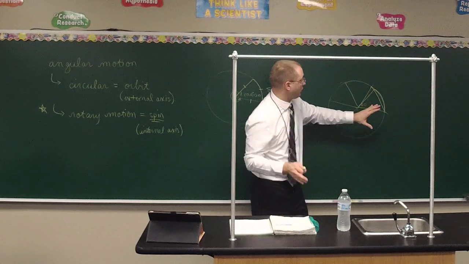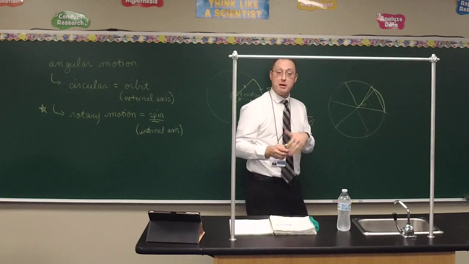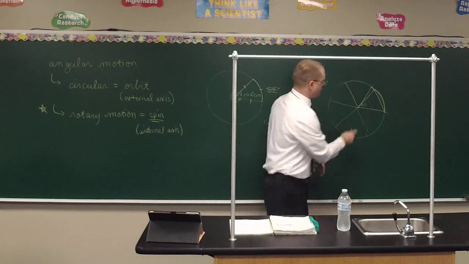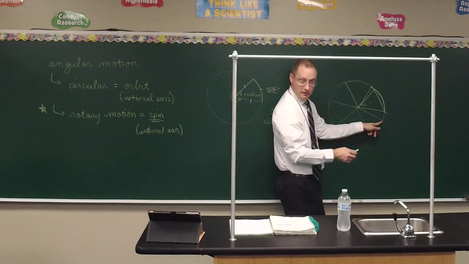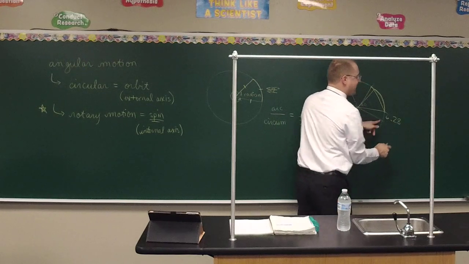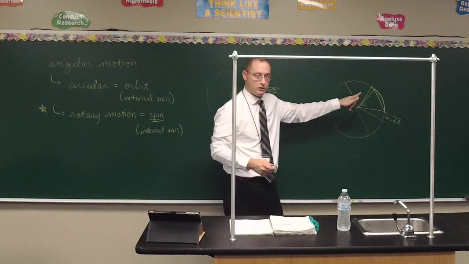Well, what that means, Kendall, is instead of 6 of these, you need a tiny bit more than 6 of those, right? If you took 6 of this measurement, you'd get to right about here and you'd be done, right? You'd have used up your 6. We actually need about 6.28 of these radians to go all the way around a circle.